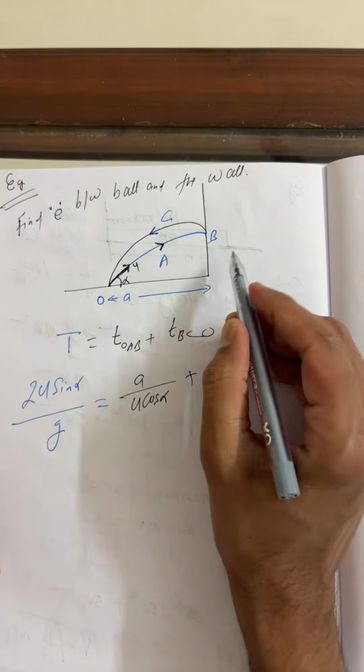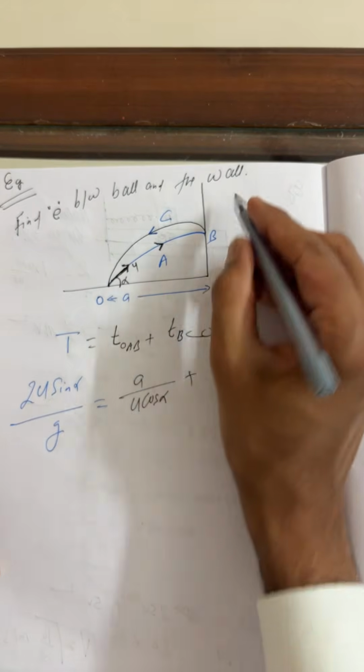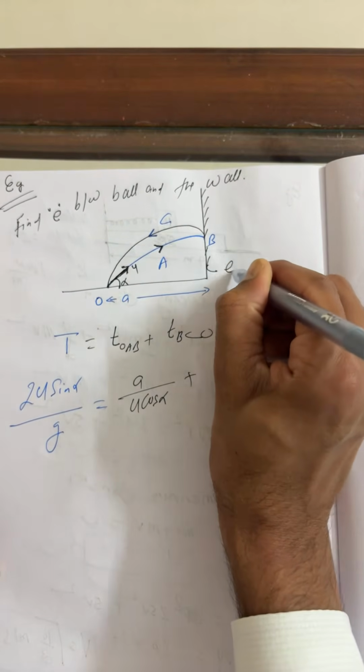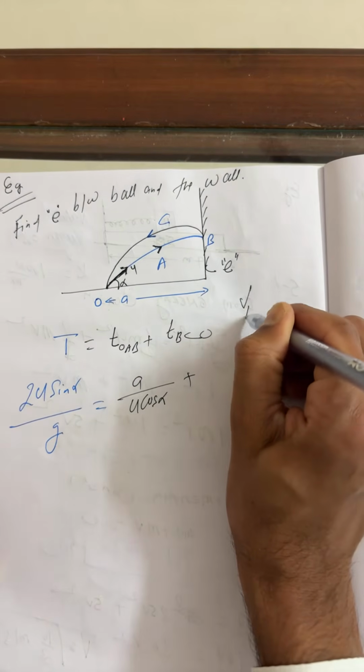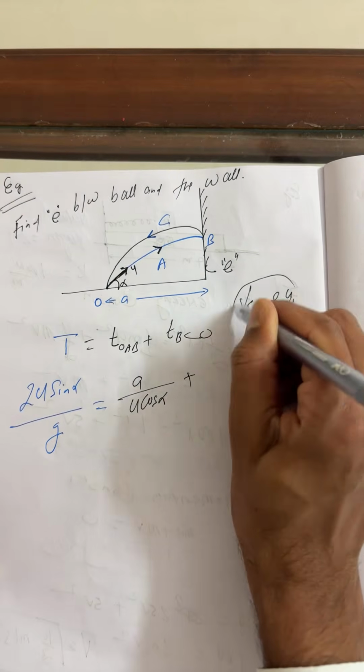I hope all of you remember, this thing I said multiple times in the classroom. A particle hitting, let us suppose this surface has a coefficient of restitution E. So I hope all of you remember, a rebounding velocity is E times U initial.